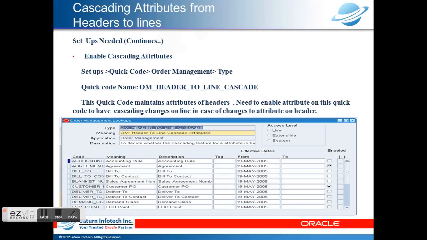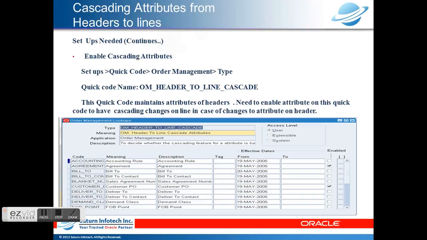One more setup is needed to achieve this functionality. There is a quick code called OM Header to Line Cascade. This quick code basically contains all the attributes on the sales header form. We have to enable those attributes on which we want to have a cascading effect.